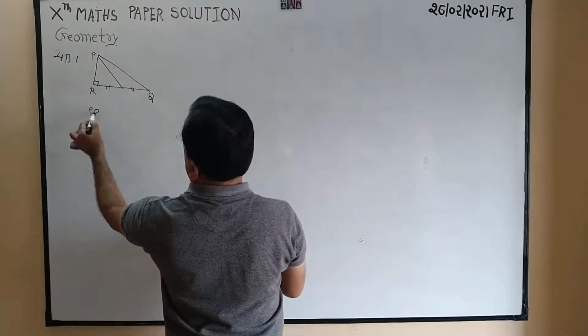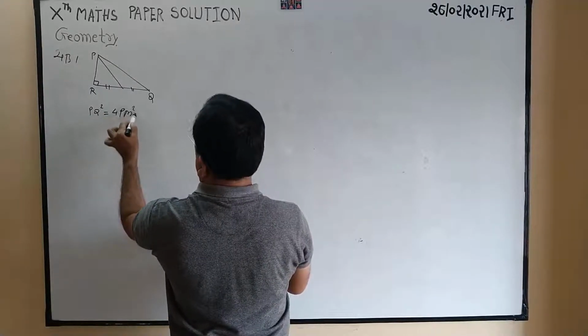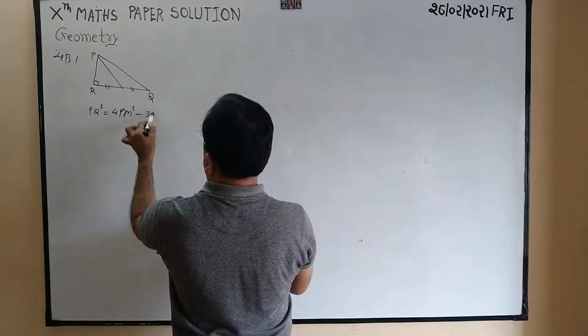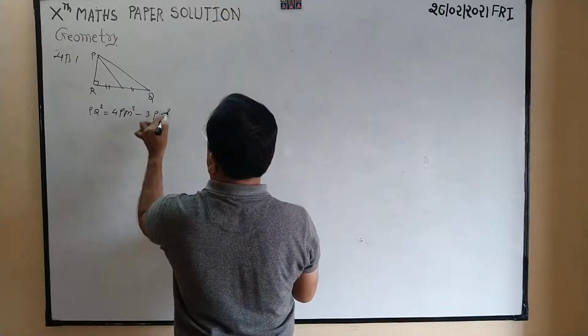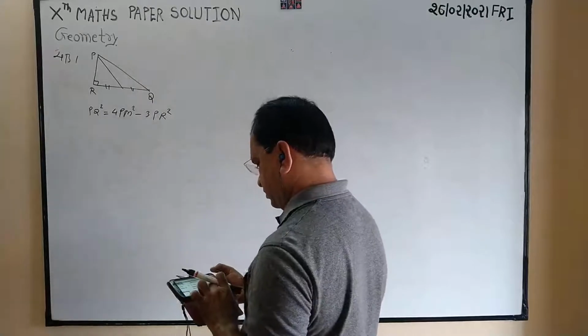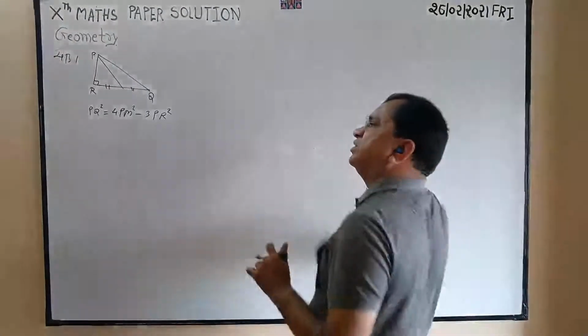To prove that PQ square plus 3 PM square equals 4 PR square. Midpoint is given as per the diagram.